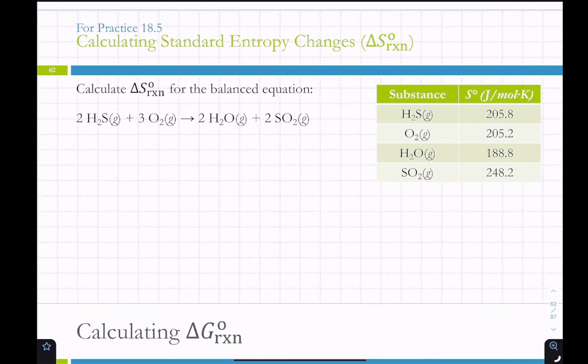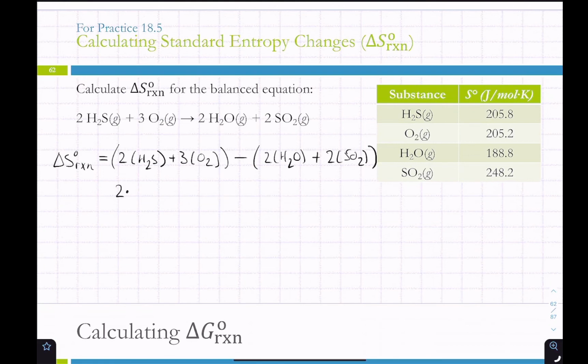So delta S of this reaction is going to be equal to 2 times whatever the molar entropy of hydrogen sulfide is, plus, in large parentheses here, 3 times whatever the molar entropy of oxygen is, minus 2 times H2O plus 2 times SO2. So we'll just plug in those molar entropies.